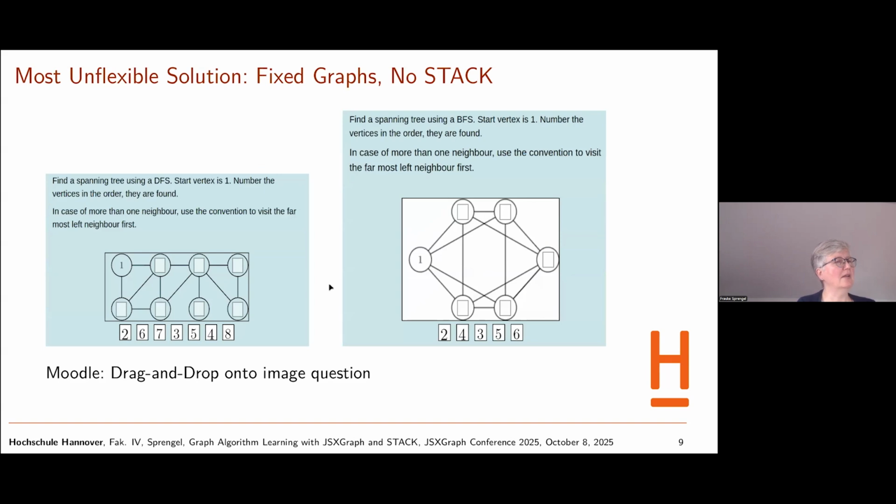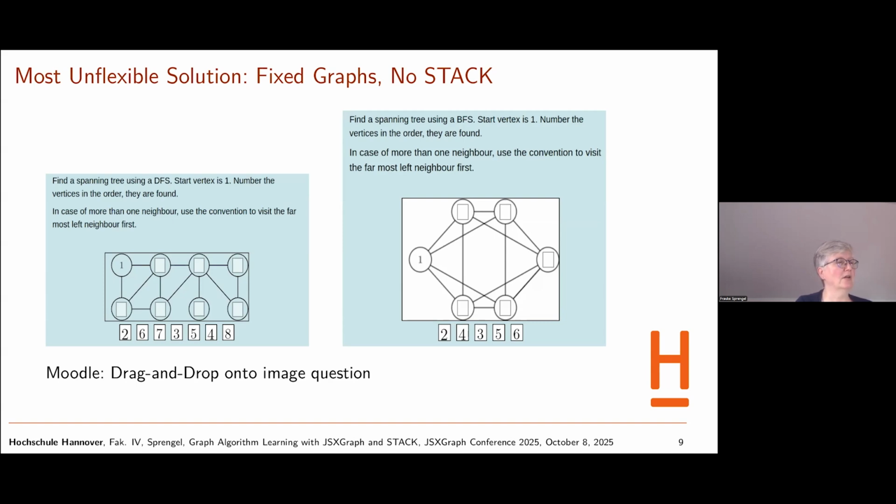I already had some graph algorithm things in Moodle, and the most inflexible solution would be a picture of a graph, and you just have to drag and drop the numbers onto the image question.